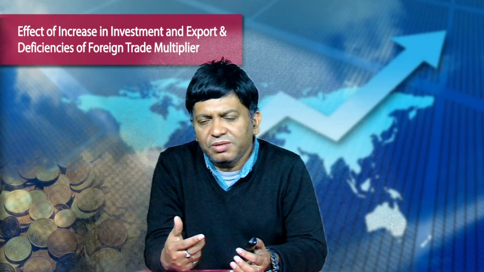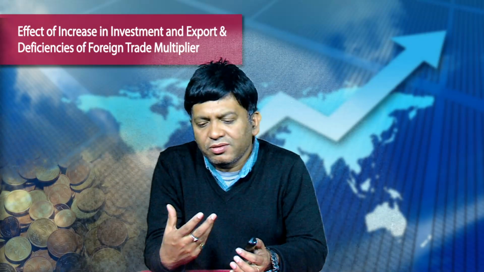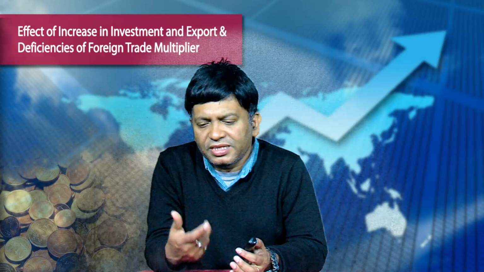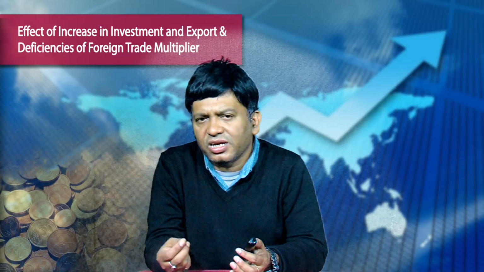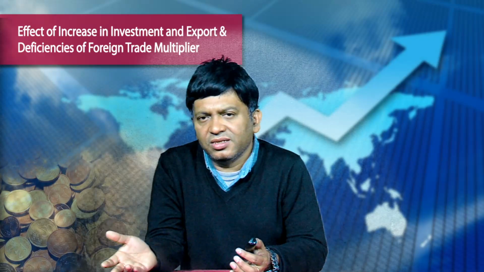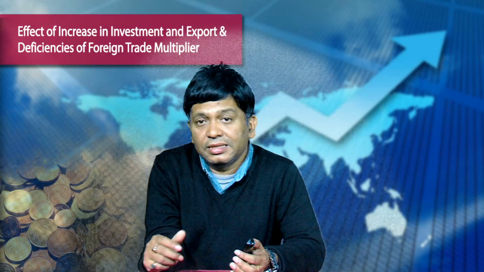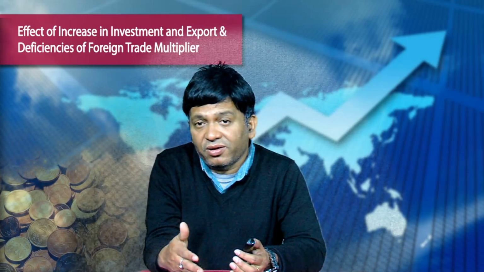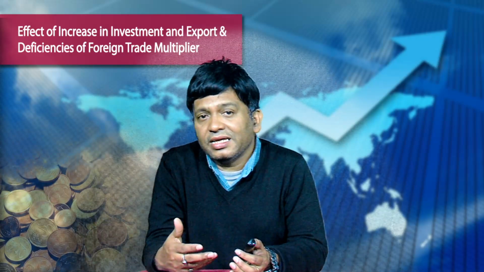Okay, so the concept is relevant only if that particular country in the case study is a very small country, and it doesn't affect the other countries much. Then it is applicable. But once the fortunes of other countries hit back on us, then this foreign trade multiplier concept has limitations to capture the complex dynamics that we see.